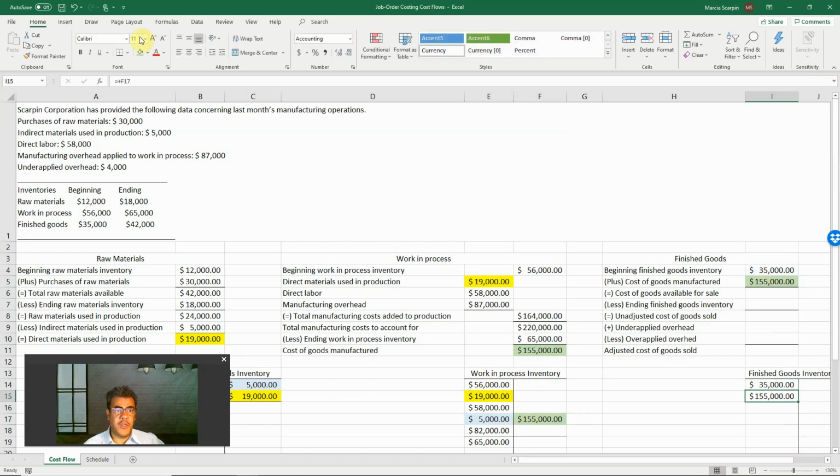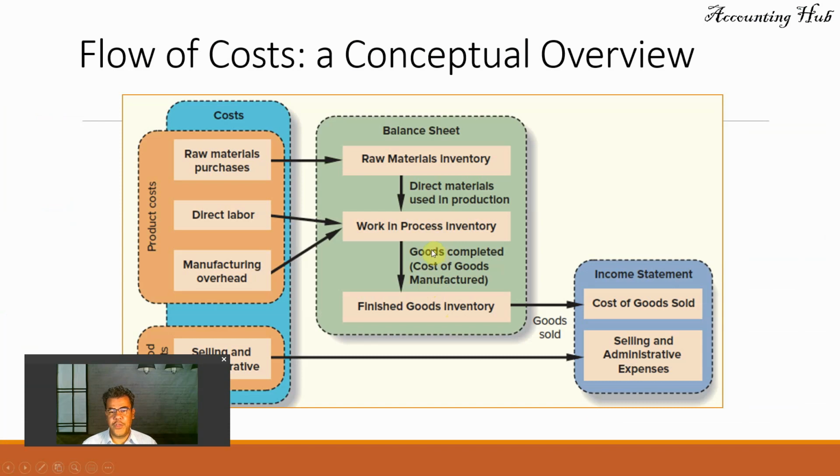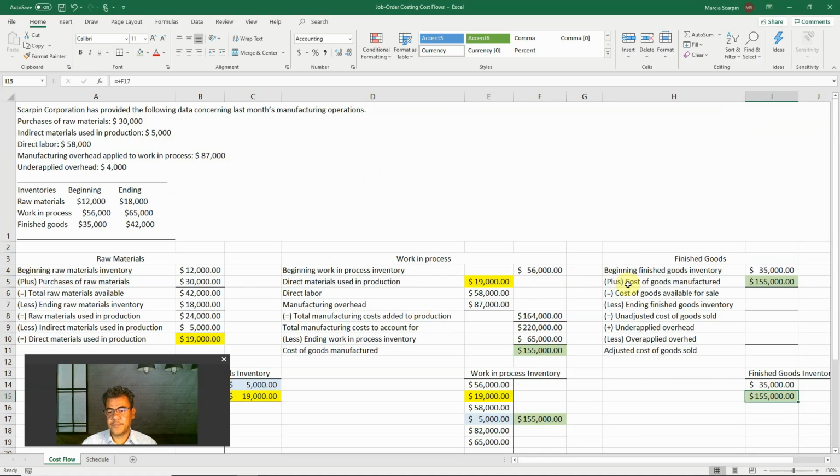So the journal entry here is debit finished goods inventory, credit work in process, because we are moving the cost of goods completed from work in process inventory to finished goods. Equal cost of goods available for sale, the sum of it, less ending inventory 42.